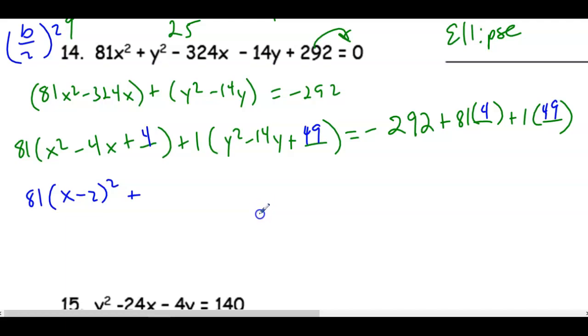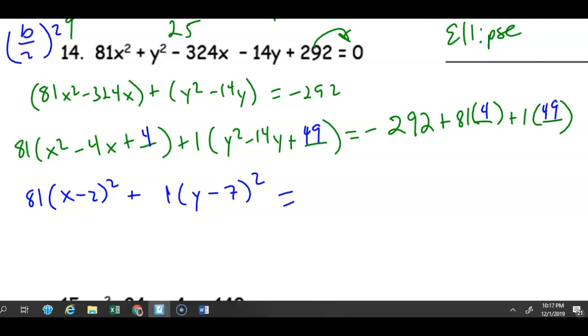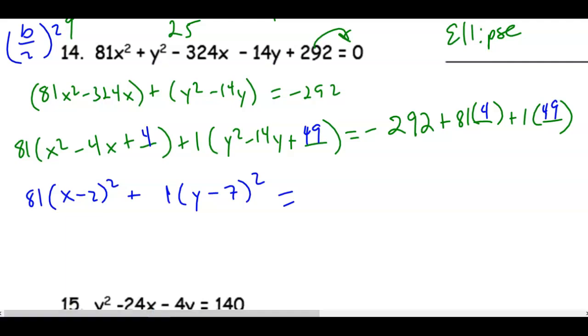So that's going to give me 1 times y minus 7 squared. And over here, if I do the math on all that, negative 292 plus 81 times 4 plus 49. That gives me 81.